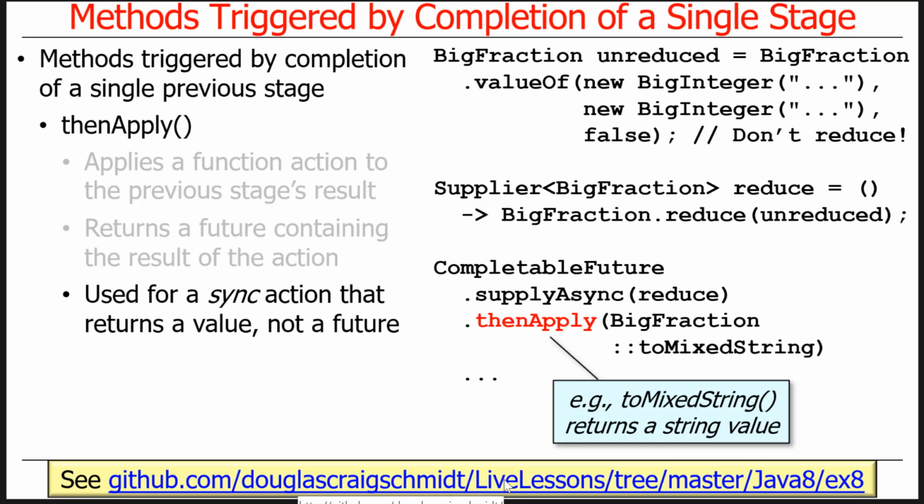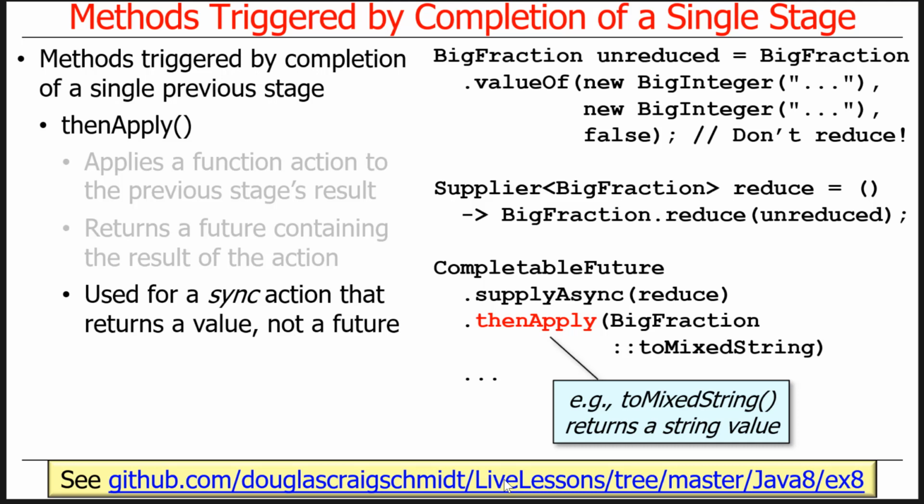This is based on the example we saw before, where we create an unreduced big fraction. We then create a supplier called reduce that, when called, will reduce the unreduced fraction. And then after supplyAsync returns a completable future to the results of reducing the big fraction, thenApply will be triggered when supplyAsync returns, and this will then return a string value.